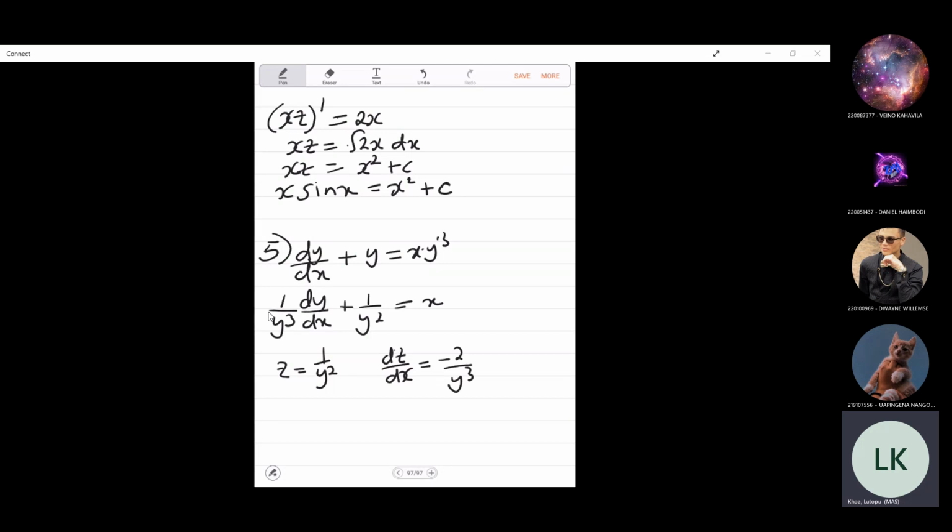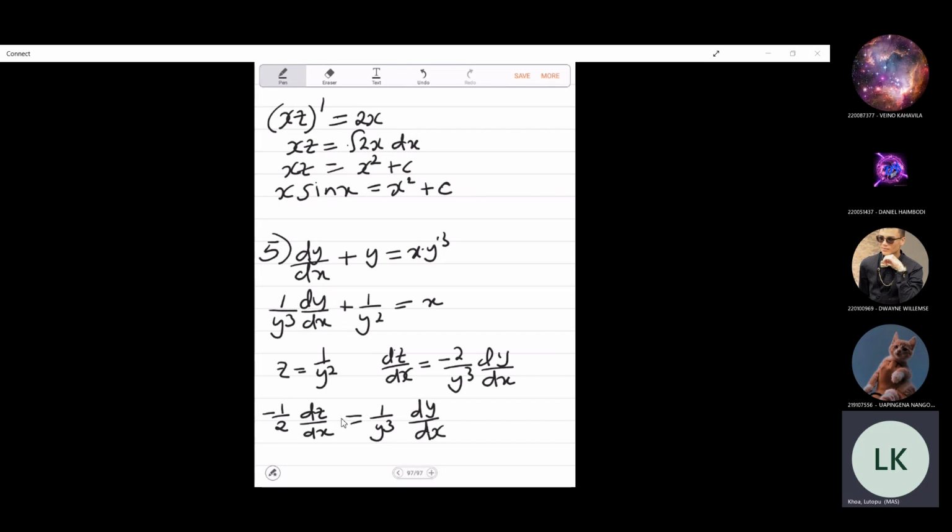And from there, we can say that 1 over y to the power of 3 is equal to negative a half dz/dx.